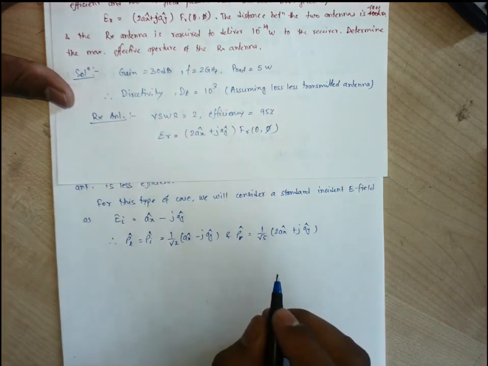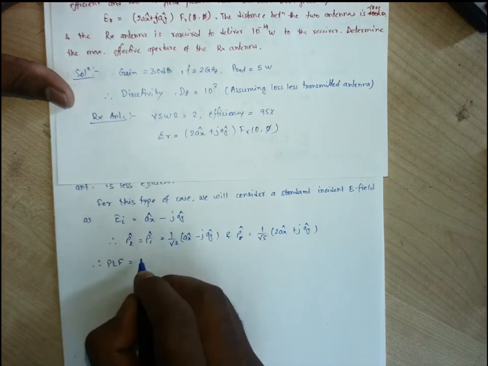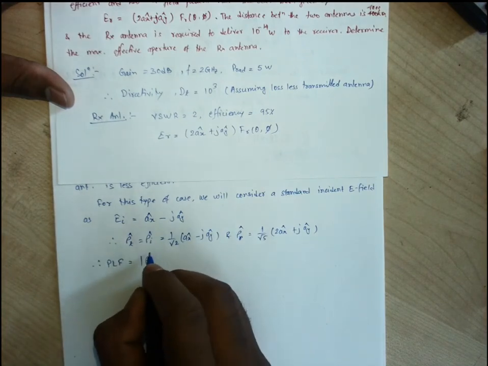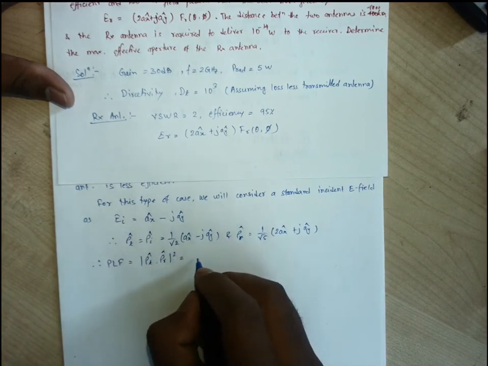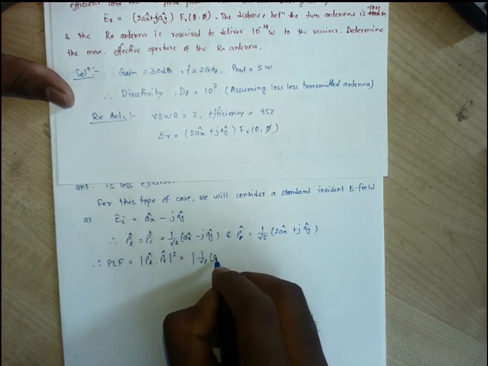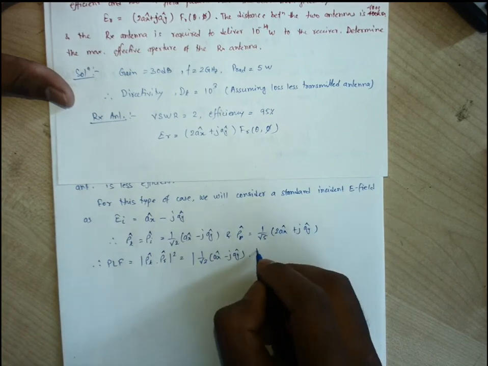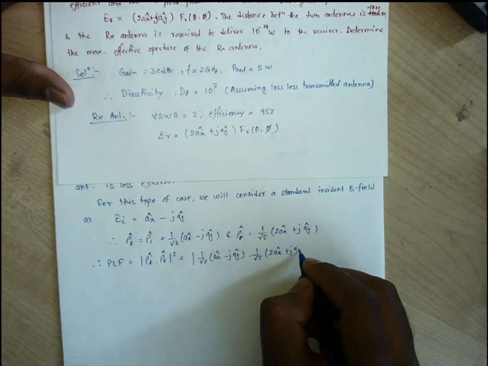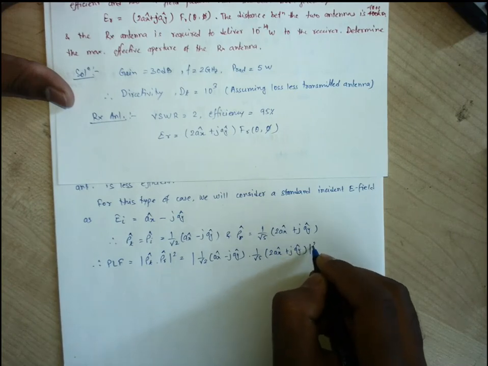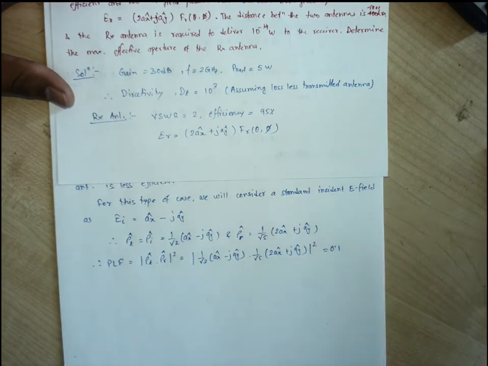Now we need to find out the PLF. Therefore this PLF, it will be rho T unit vector dot rho R unit vector whole square. So what is that? 1 by root 2 AX cap minus J of AY cap into 1 by root 5 twice of AX cap plus J of AY cap. So it is coming out as 0.1.